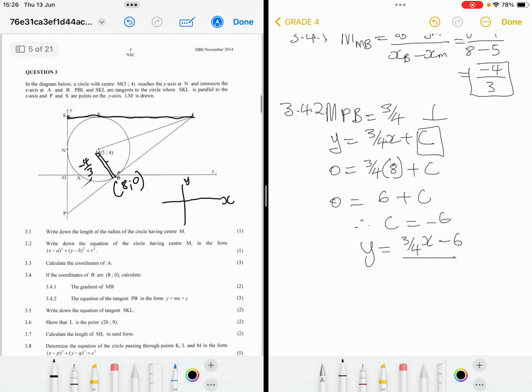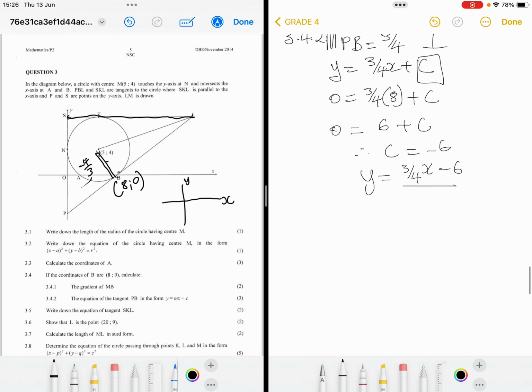They even say that SKL is parallel to the x-axis. It means that one is a straight line. When we have a straight line like this, it means the gradient for this line is 0.